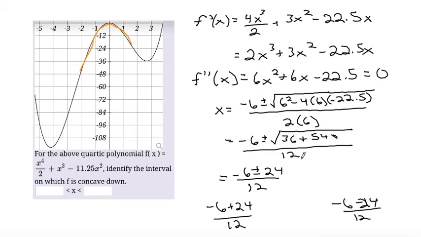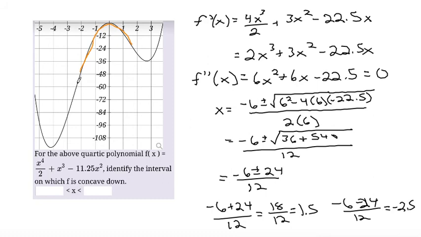So negative 6 plus 24 would be 18 over 12, and 18 divided by 12 is 1.5, and negative 6 minus 24 is negative 30, so that would be negative 30 over 12, which is negative 2.5.